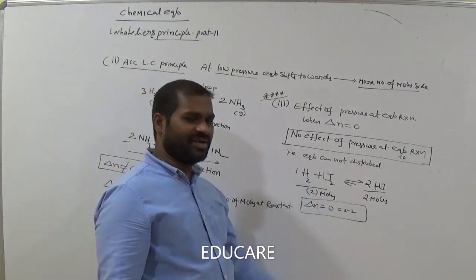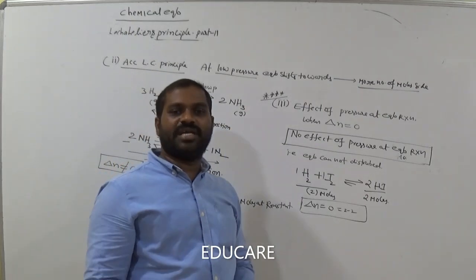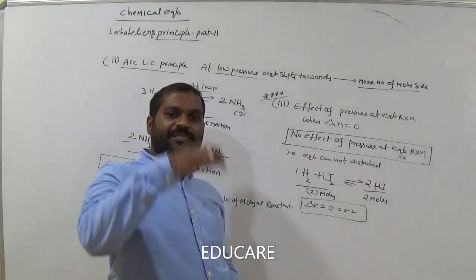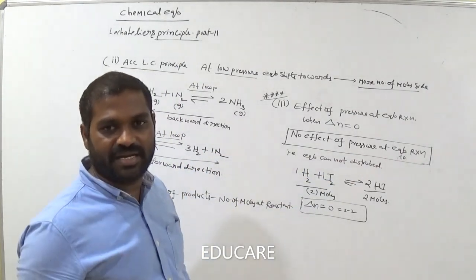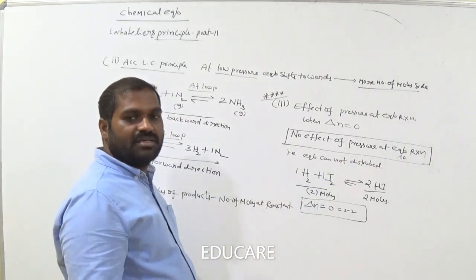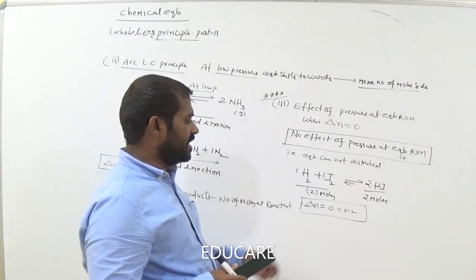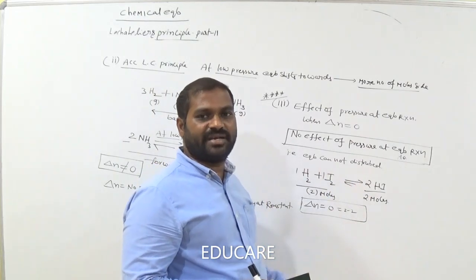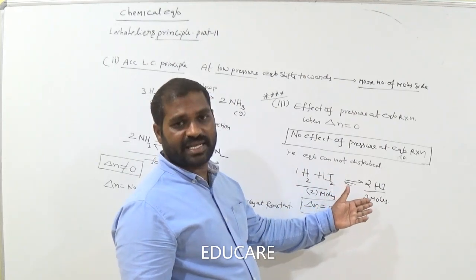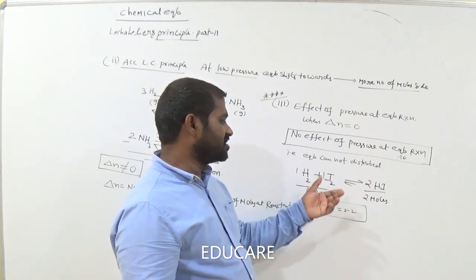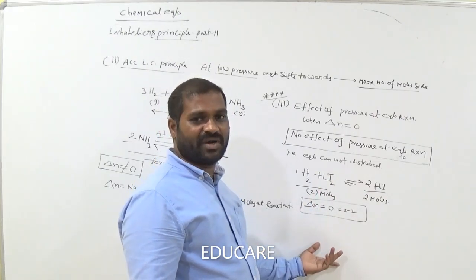So the number of moles are equal. What is the actual statement here? According to Le Chatelier's principle, if we increase the pressure, the equilibrium shifts towards the less number of moles side. If we decrease the pressure, it moves towards the more number of moles side. But here the number of moles are equal on both sides, so we can't decide in which direction the reaction proceeds.